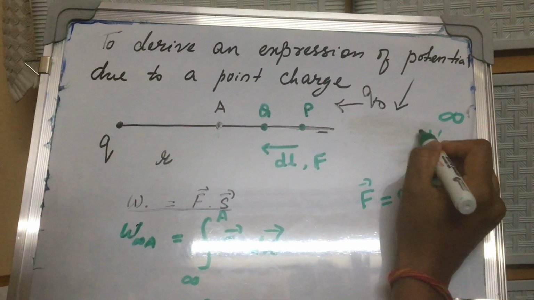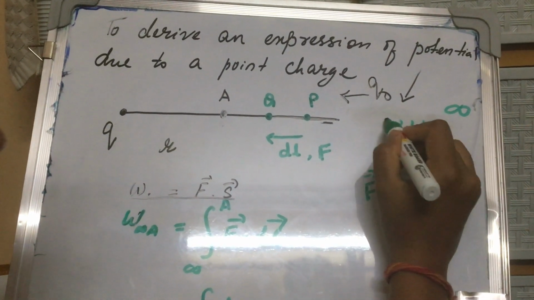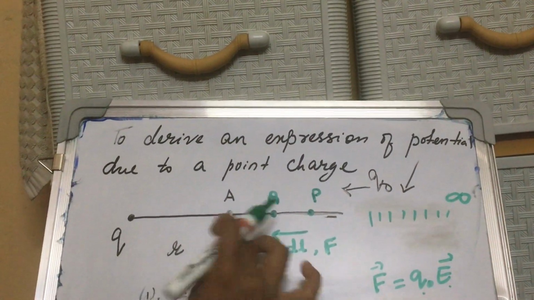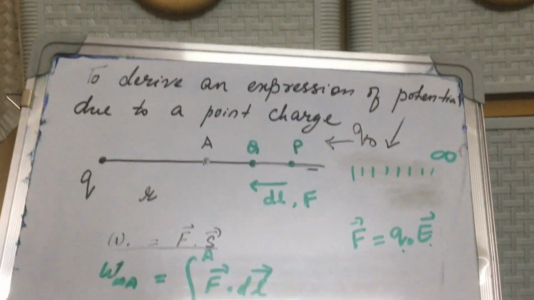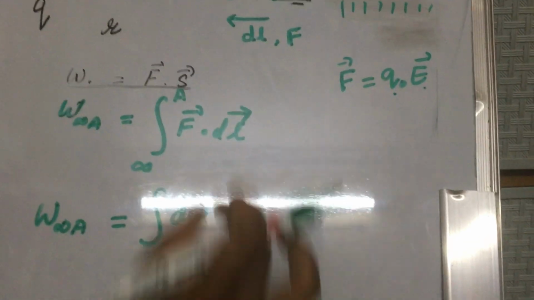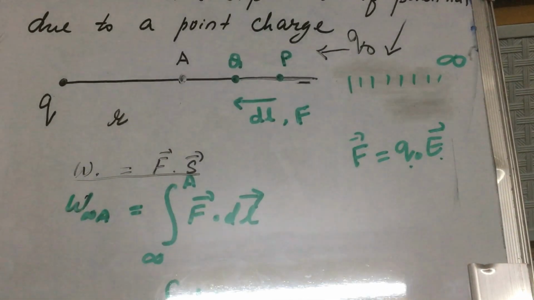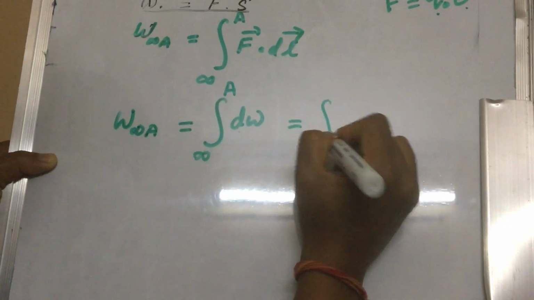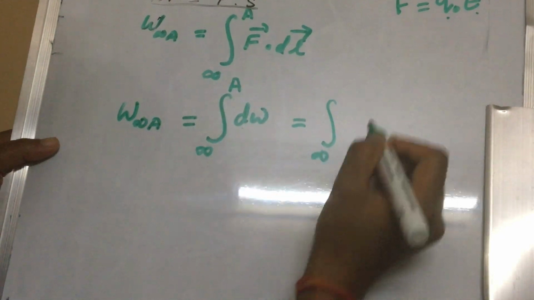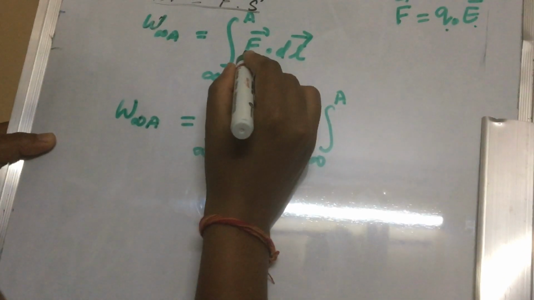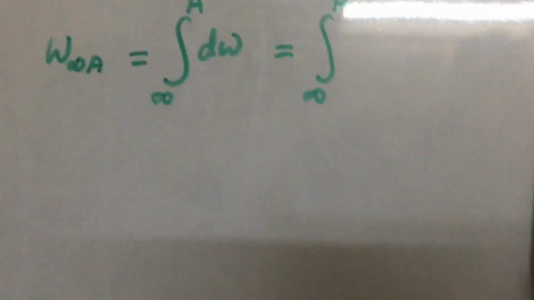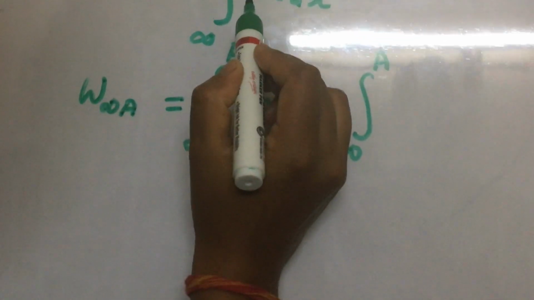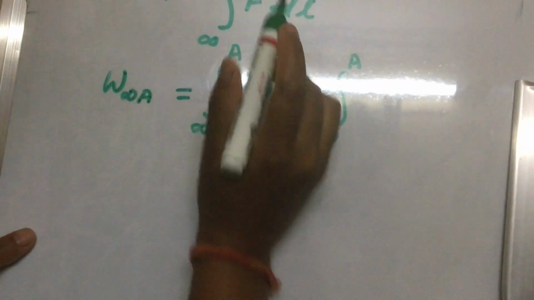We compute the work done over each small path, all the small paths till A, and dW is one of those paths. We take one path and integrate from infinity to A, and it carries the same meaning. Now F is what, students? This force is against the electric field.